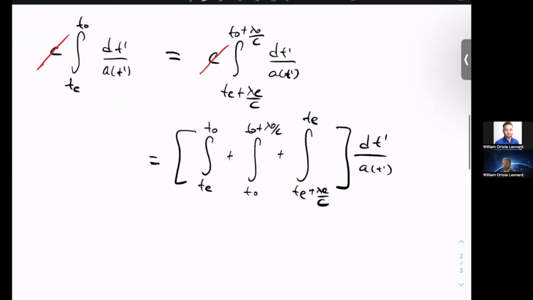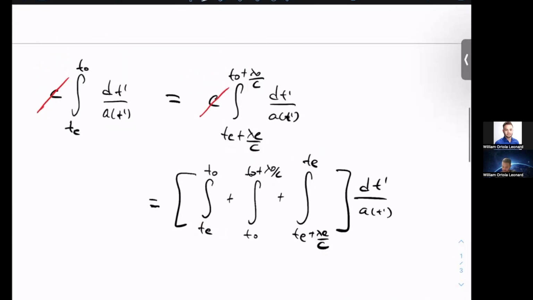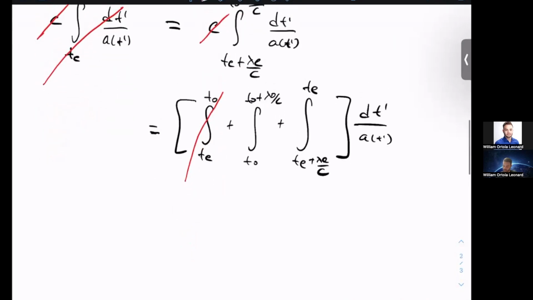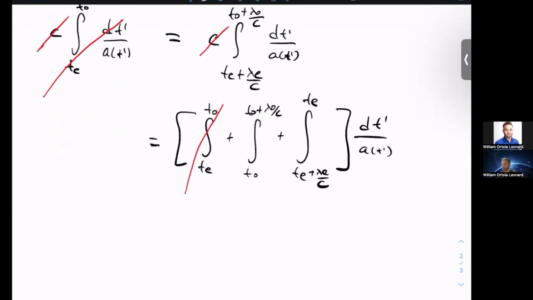And so what do we see right now? We see that we can cancel out this integral that we have right here, the first one in the three integrals, with the one on the left hand side. And what this means for us then is, we're going to pass this one to the left-hand side.